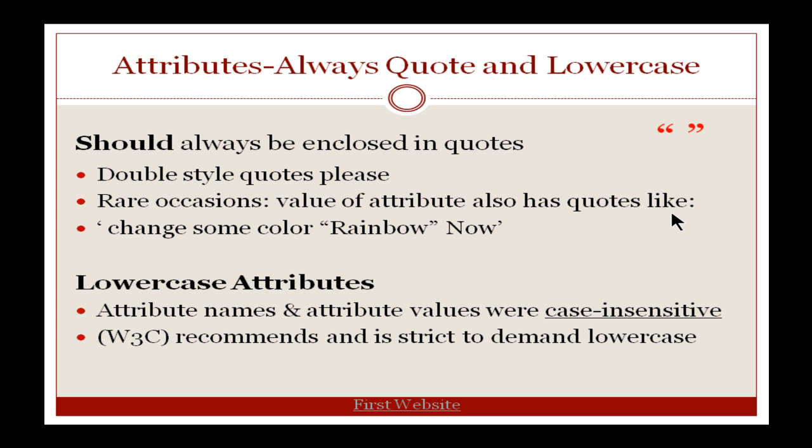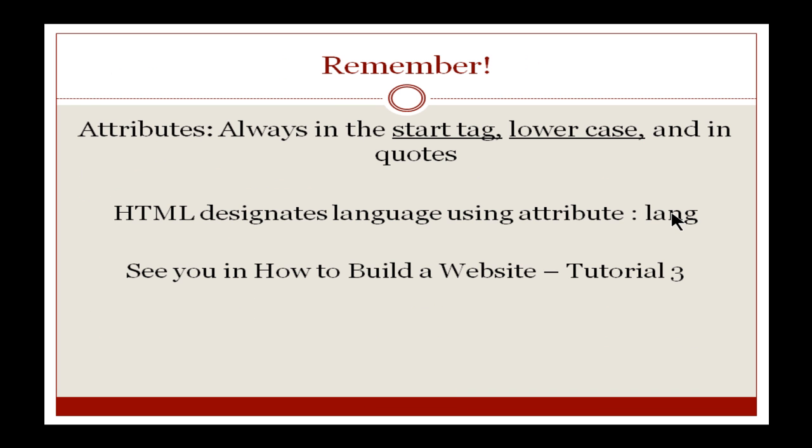And if you put caps, it might still work, but just remember, please just stick to lowercase. It's good when you're gonna go and validate your website, or if you're gonna check for errors and those things. In any case, just remember guys, attributes always in the start tag, always lowercase and in double quotes.